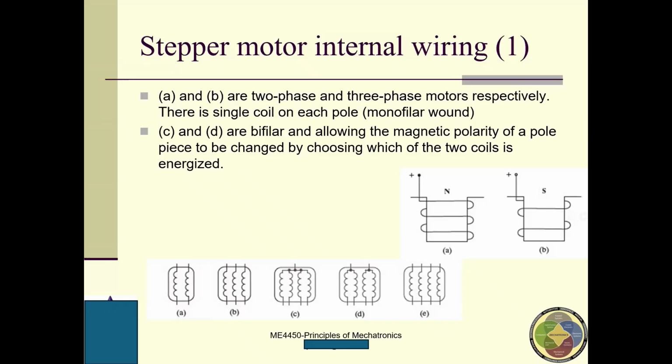So this is N, this is S. So both of them, actually they are the same pole. They are monofilar. Monofilar means on the pole there is only one single welding. You understand, guys? Are you guys okay?